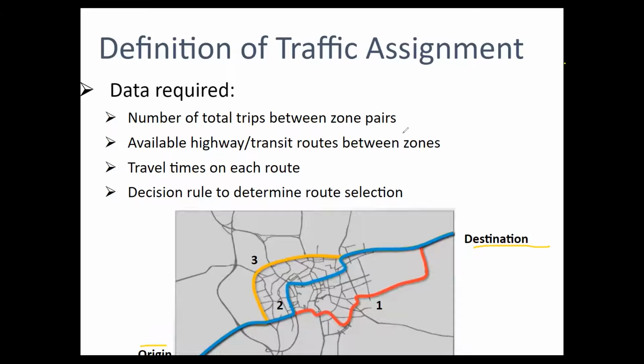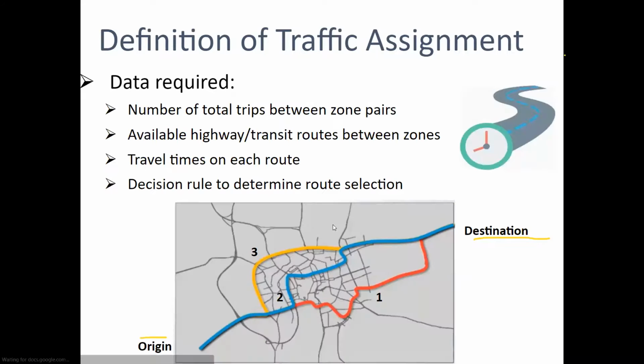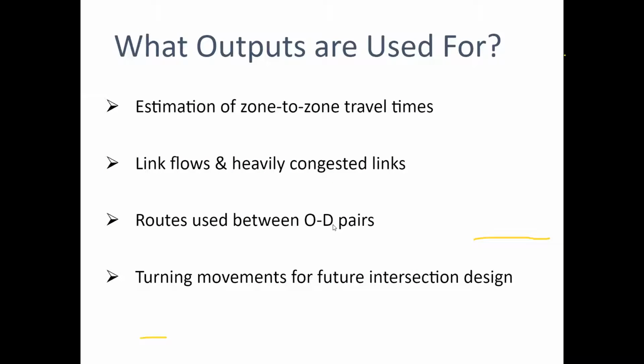So in your model, this is something that needs to be accounted for. Anytime there are multiple routes, you need to think about what that travel time looks like for you. Okay.